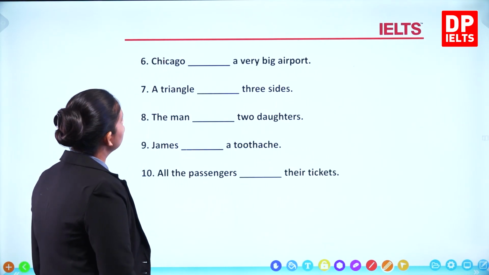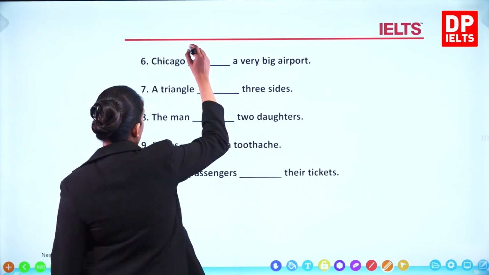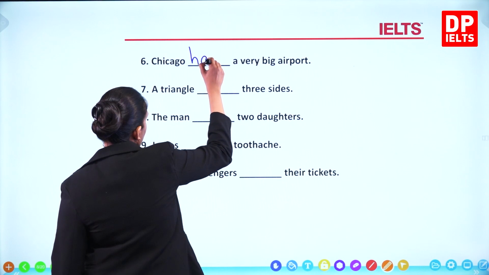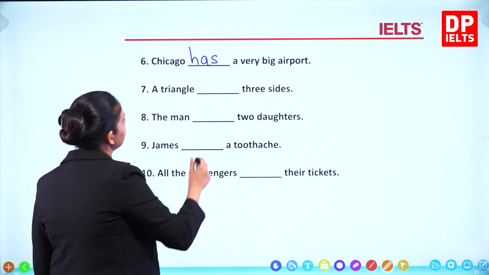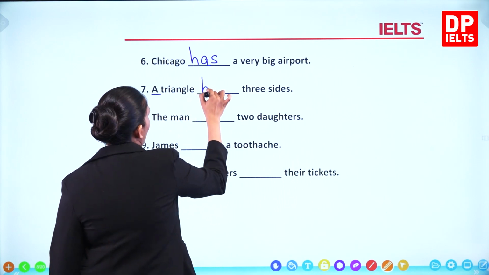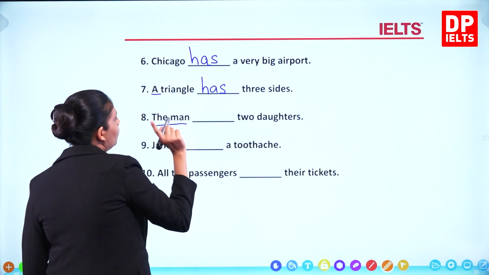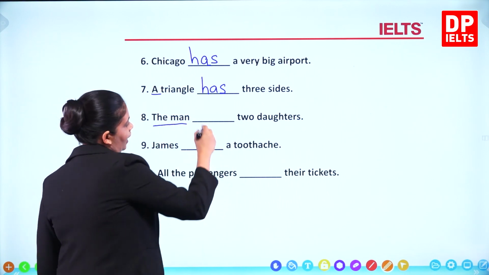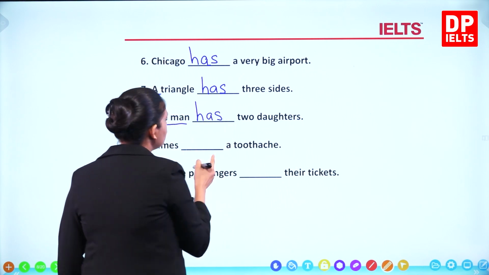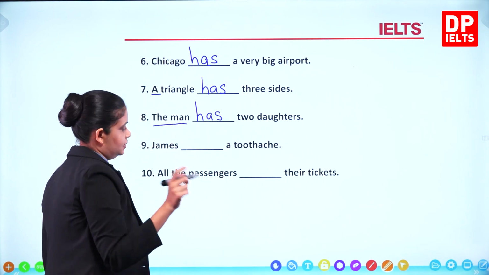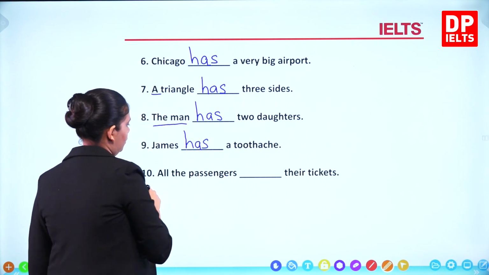All right. Chicago has a very big airport. A triangle, one, so therefore has. The man, one man, so has 2 daughters. James is one person and therefore has a toothache.